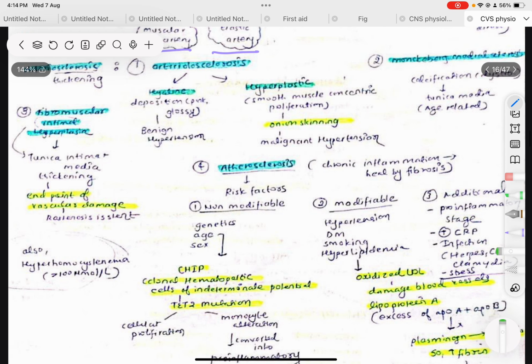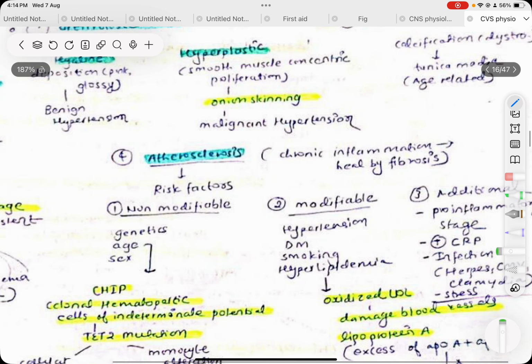So in atherosclerosis there will be chronic inflammation and it will heal by fibrosis. That will be our main pathophysiology. That what will happen due to this inflammation, it will heal by fibrosis, but the main stimulus which will initiate this inflammation will be endothelial injury.